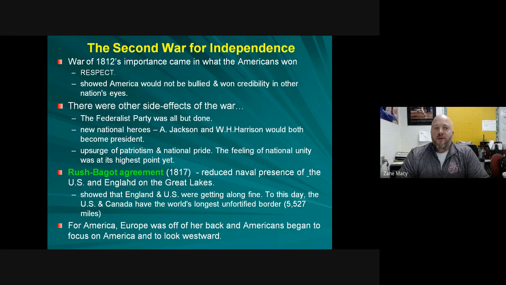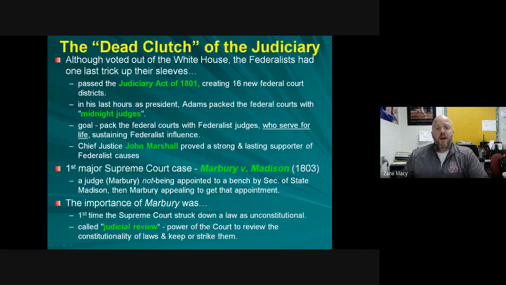And now you're going to see for the next several decades, the American government, the American people, instead of trying to get noticed by European powers or getting pushed around, getting tested by the European powers, now that they've backed off, we're going to focus on building our country up from the inside. We're going to start to look westward in terms of expansion and settlement.